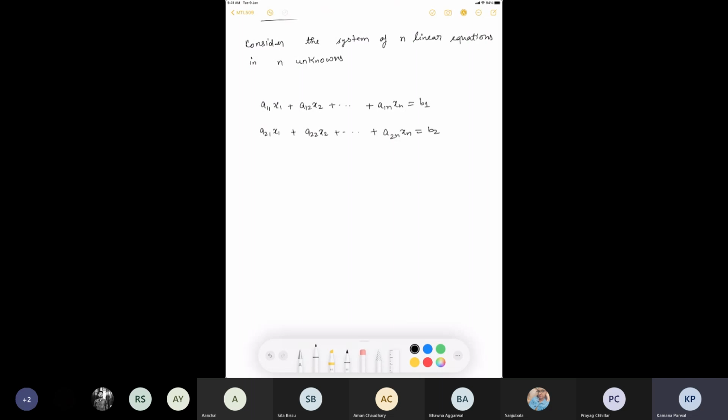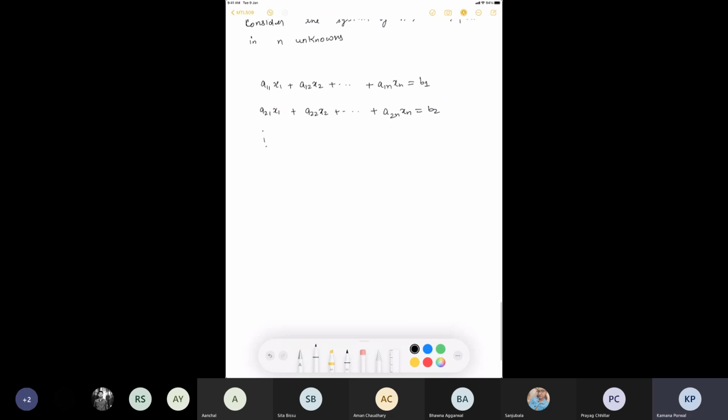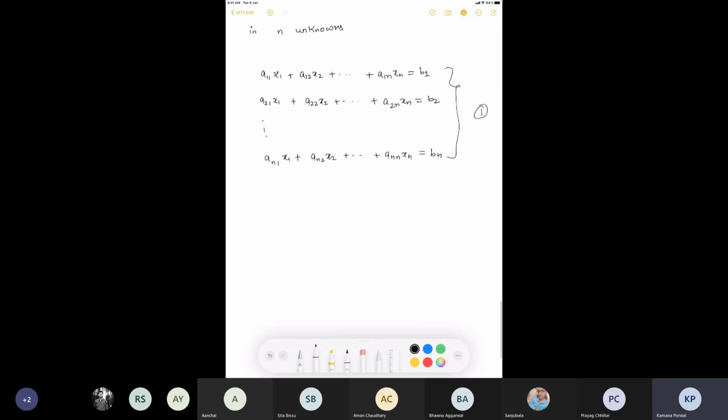This is equal to b2. And the last equation in this system is an1x1 plus an2x2 plus ann xn. This equals bn. And let's call it 1.